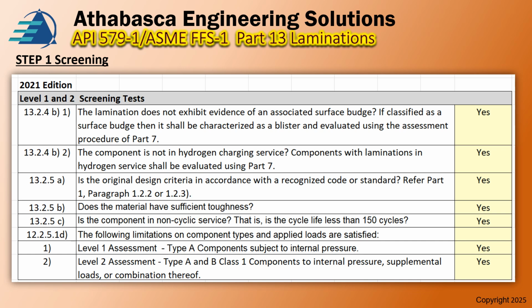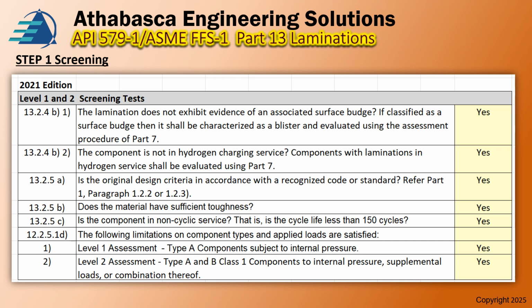Does this material have sufficient toughness? That's going back to whether we have enough toughness in the part, whether it's a brittle situation. Is the component in non-cyclic service? Yes, and we have the types of flaws, and we've determined it was a Type A. If we have piping, there might be another way to do this.